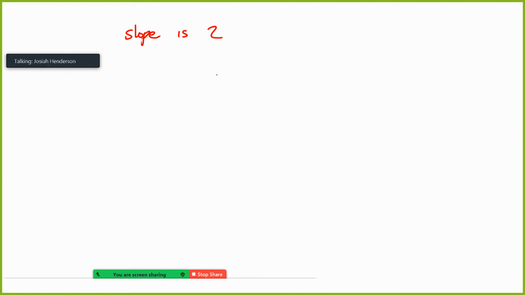Remember, 2 is the same thing as 2 divided by 1. If you times 1 to anything, it doesn't change it. And if you divide anything by 1, it doesn't change it. So 2 divided by 1, check it in your calculator if you don't believe me, is still 2. So these are mathematically equal to each other. So to make it a rise and a run, we would write a 1 underneath it.